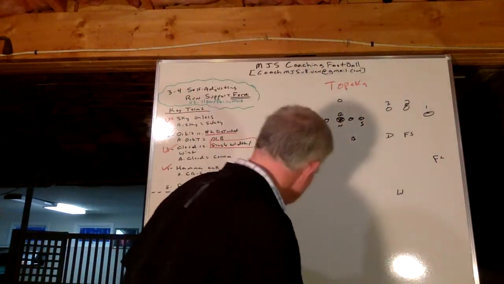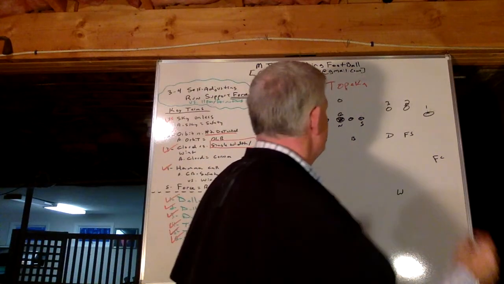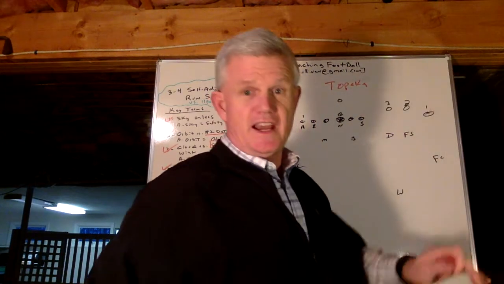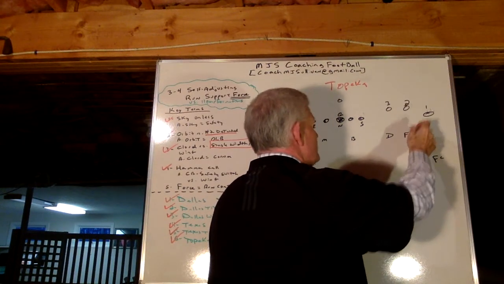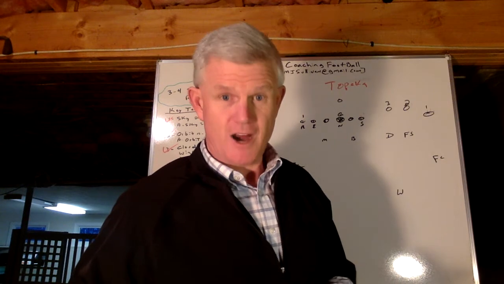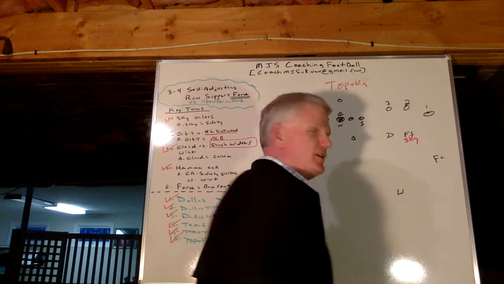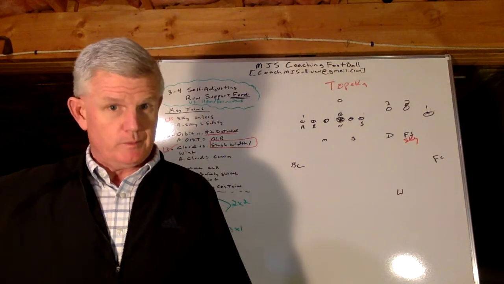3-by-1. So over here, okay, right? 2 and 3 are detached, but starts with 2. So because the safety is outside of the dime, right? It stays a sky because the safety's over 2.